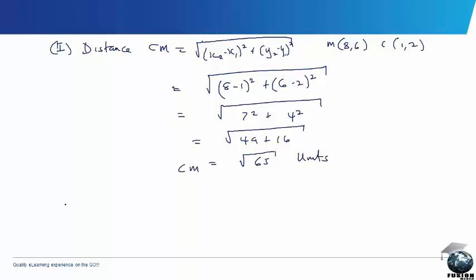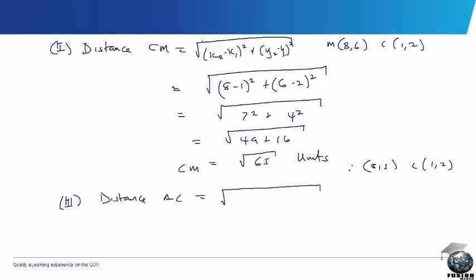Alright, so we go ahead and prove whether they are a scalene triangle, and the only way we can do that is to prove what the distances of the other sides are. And then for distance AC, using the formula as for CM, A has coordinates 8 and 5, and C has coordinates 1 and 2.